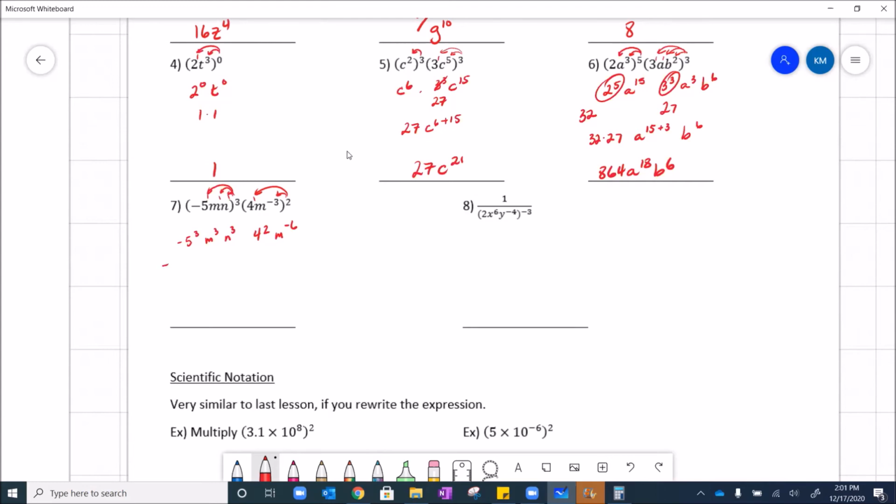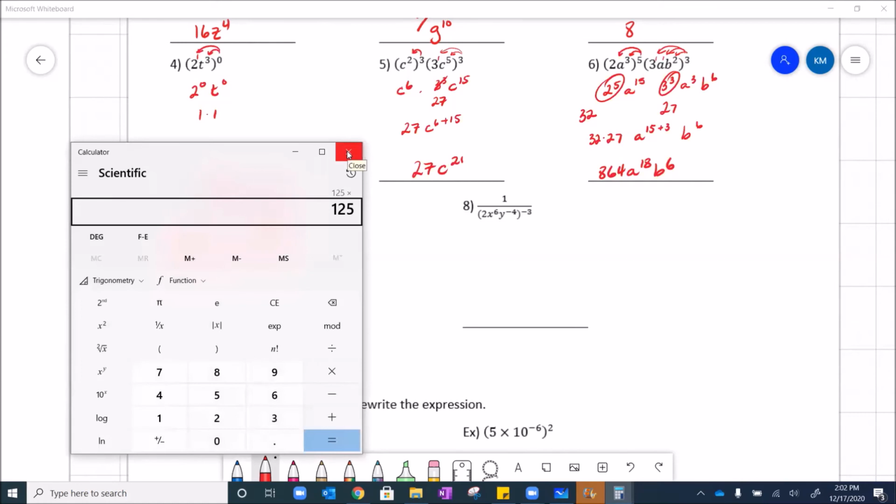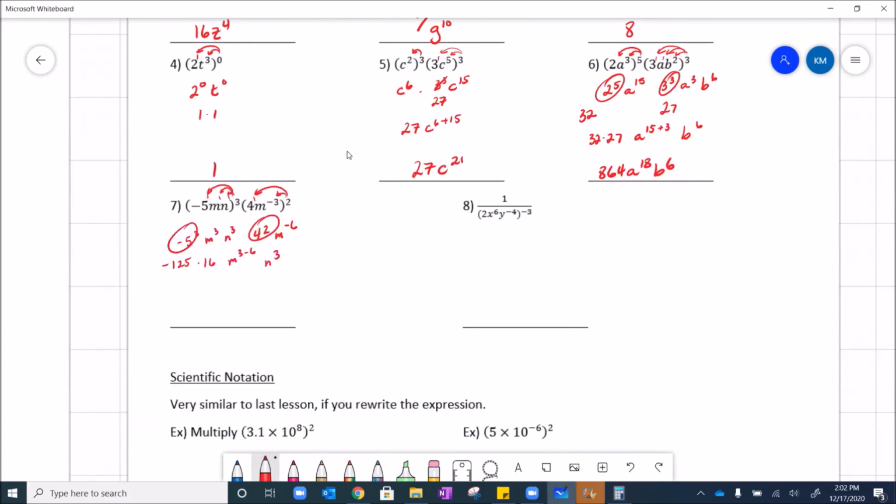This gives me negative 125 and 16. Okay, m to the third minus 6, n to the third, because this is 16. Now as I multiply those together, 125 and 16 gives me 2,000. So it'll be negative 2,000.